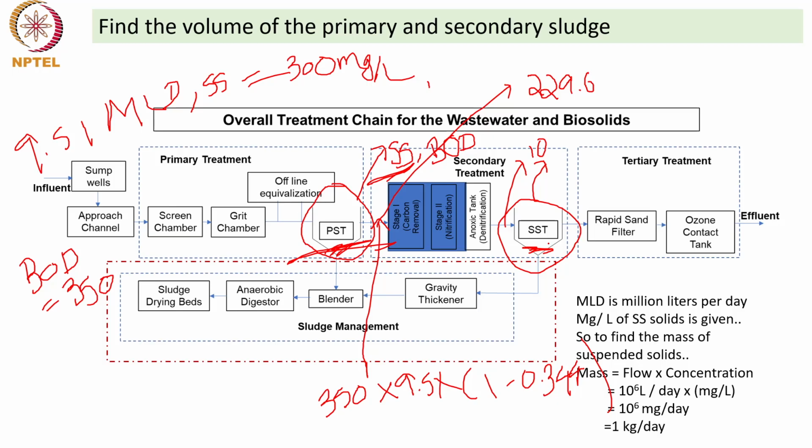So what will be the BOD that is consumed inside the MBBR unit? It is 229.6 minus 10, so it is 219.6. That will be the BOD that is getting consumed by the bacteria inside the MBBR unit.